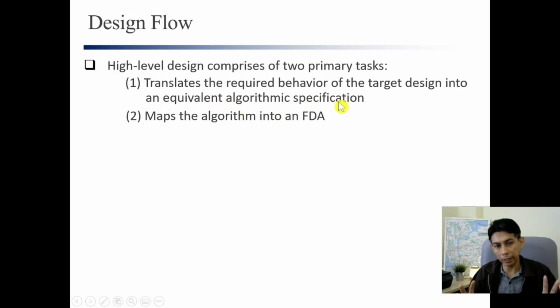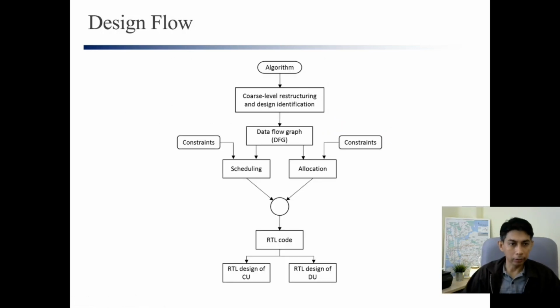Then from the algorithm, we need to map it into the fully dedicated architecture. From that we can start to design using RTL design methodology. Right, so this is the flow.